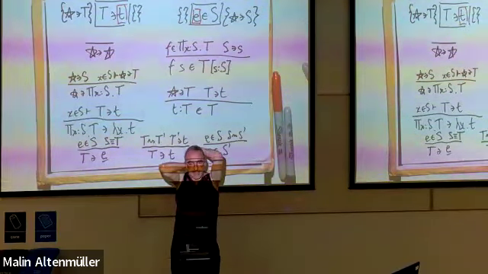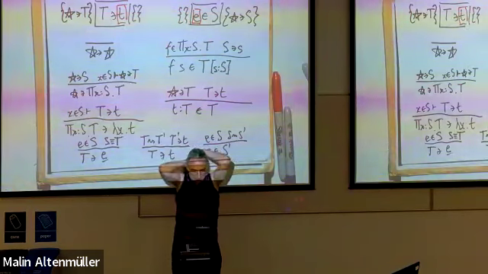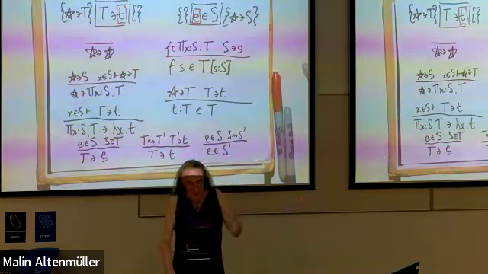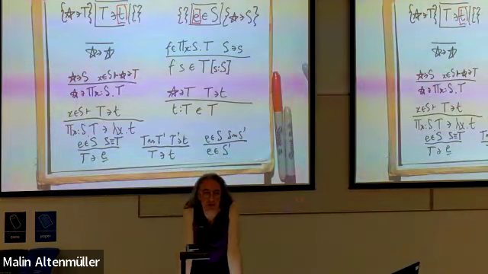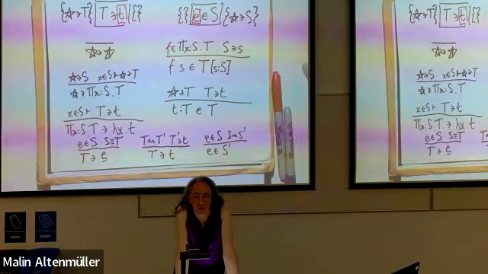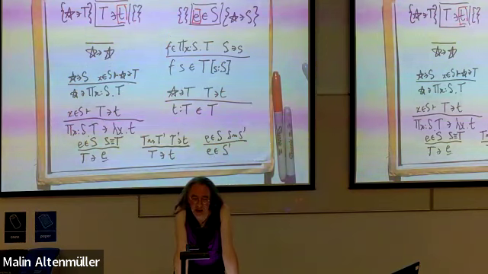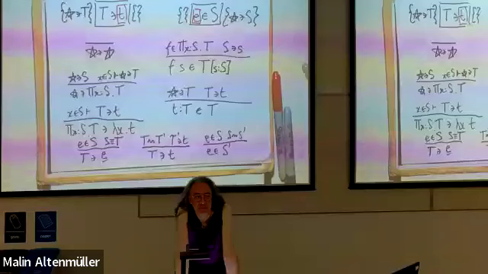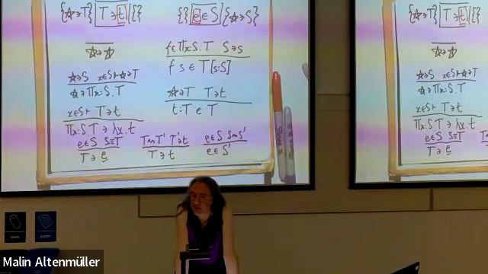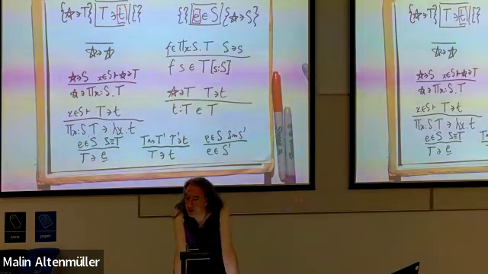I'm going to arrange by hook or by crook for beta reduction to be confluent. I know that's quite an ask. But there's going to be a whole other notion of equality.